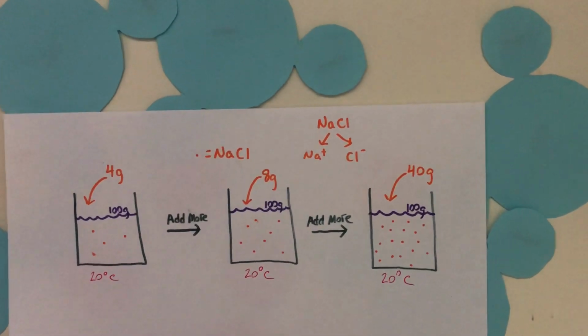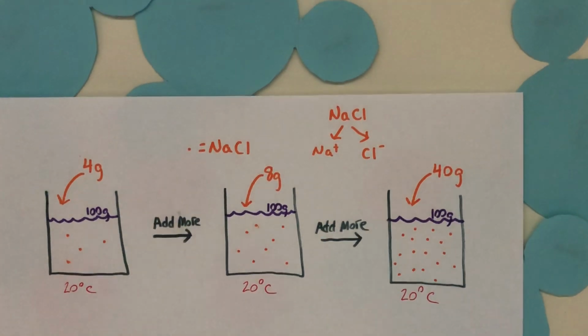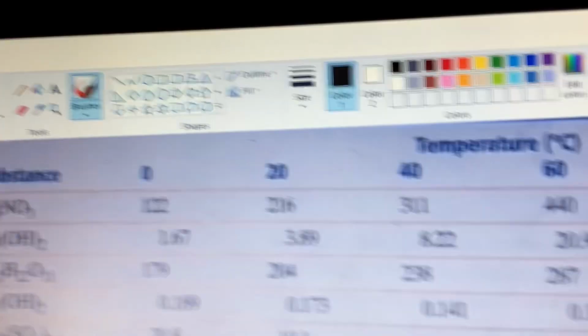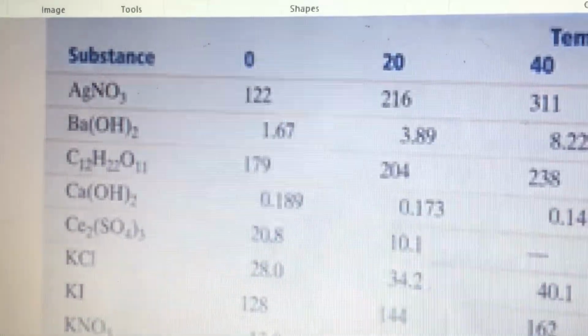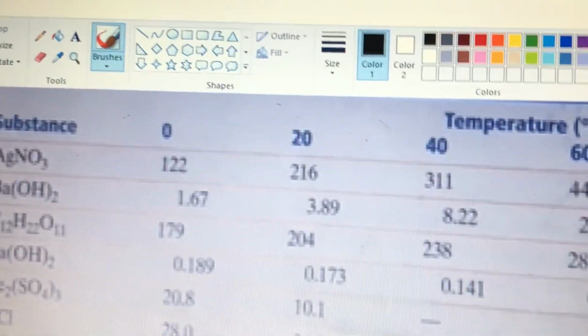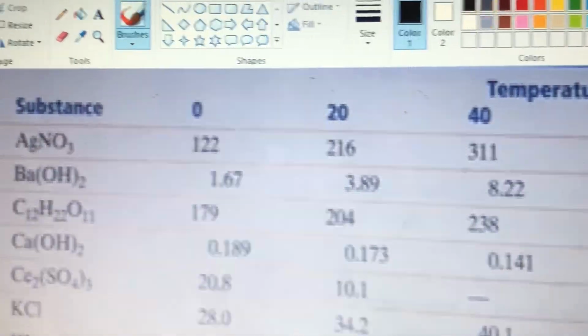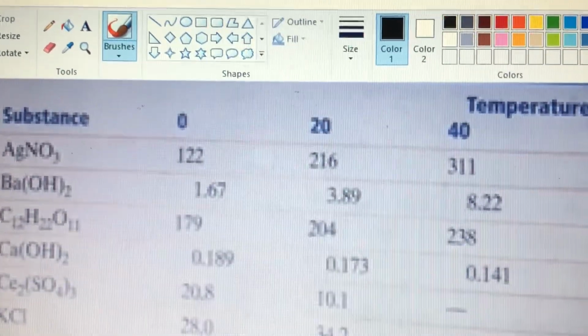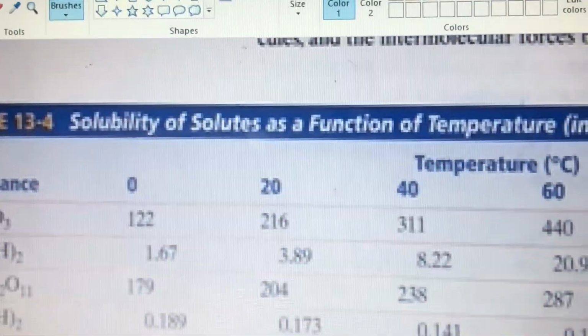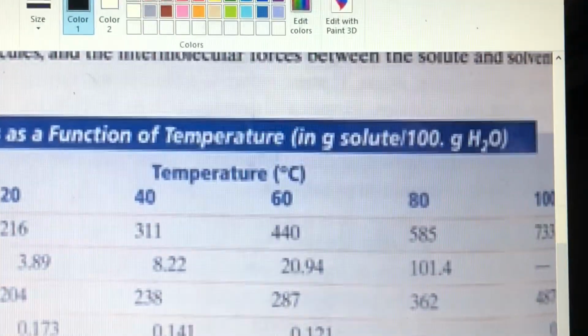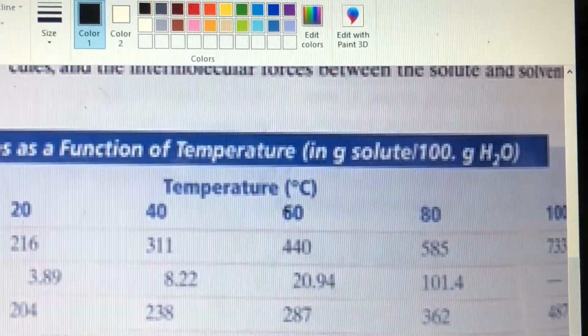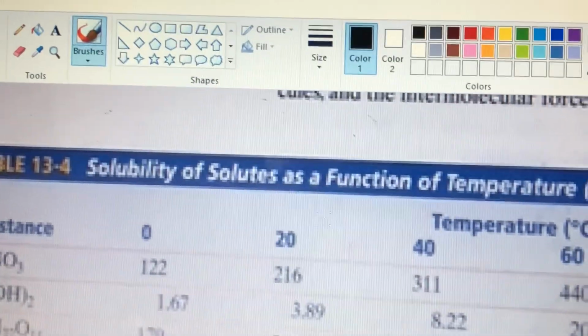So here's an example. In your book, in the reading guide, you had a chart on page 404 that shows you how much solute can fit in 100 grams of water. So this is solubility of solutes in 100 grams of water, and there's different temperatures here.